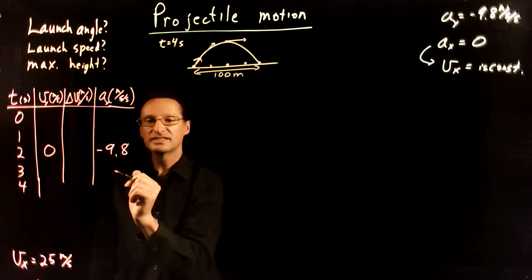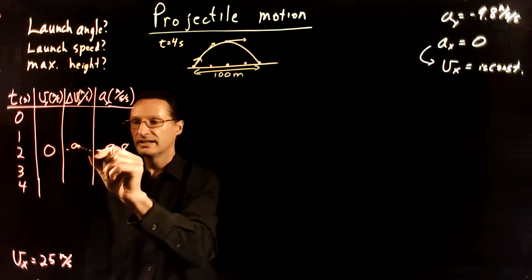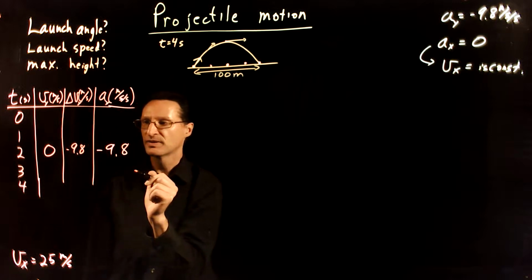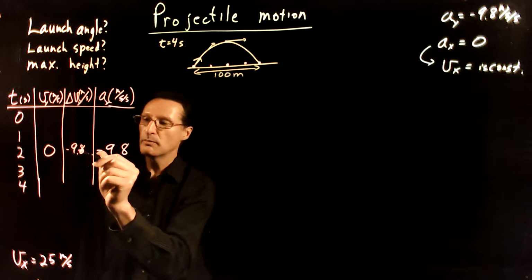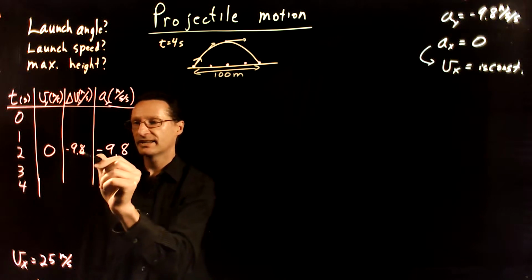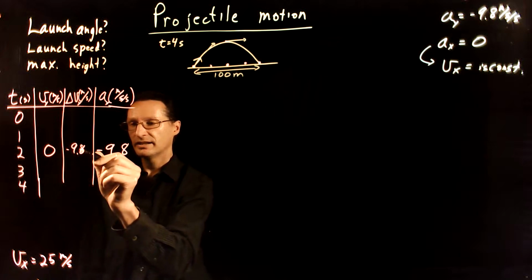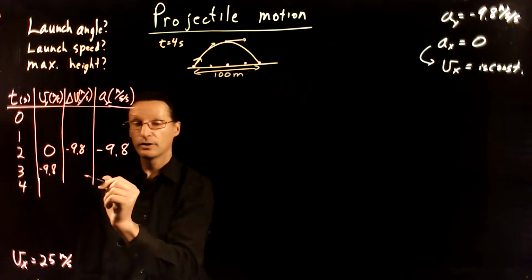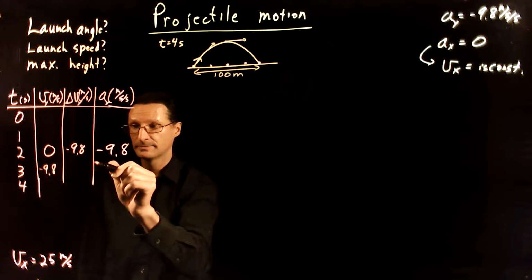So the change in velocity over the previous second was negative 9.8 meters per second, right? To get there, after one more second, at 3 seconds, the velocity is again going to change by negative 9.8. So the velocity will be 9.8 meters per second down.